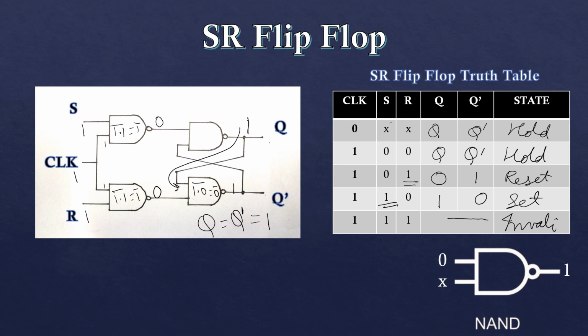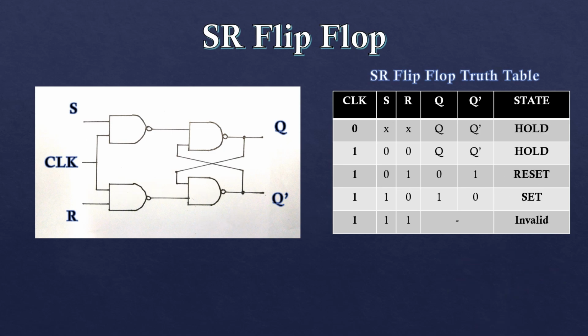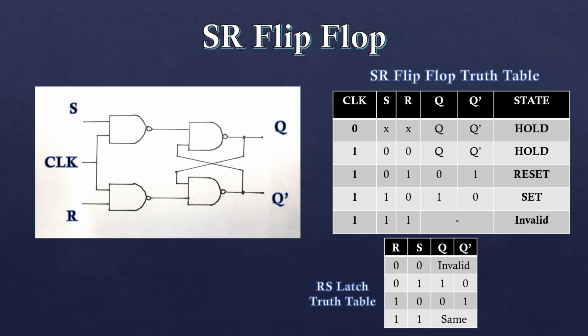It is easier. So you need to first study the RS latch, then go for the SR flip-flop. Here you can visualize the truth table properly. Now, in the previous video's RS latch table, there were some changes, right?